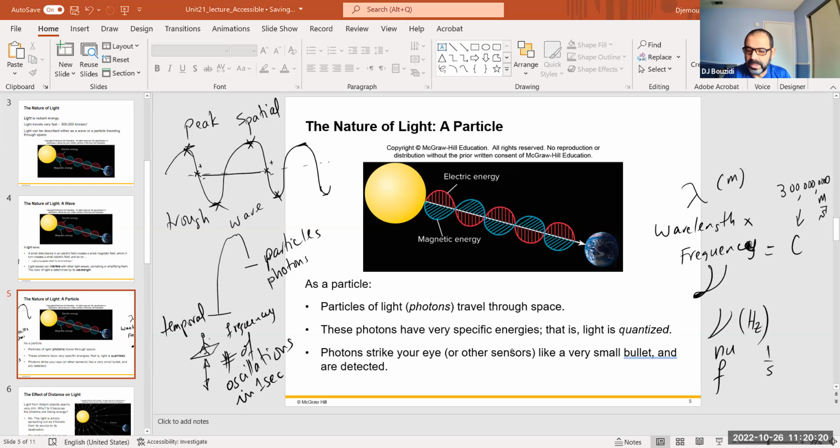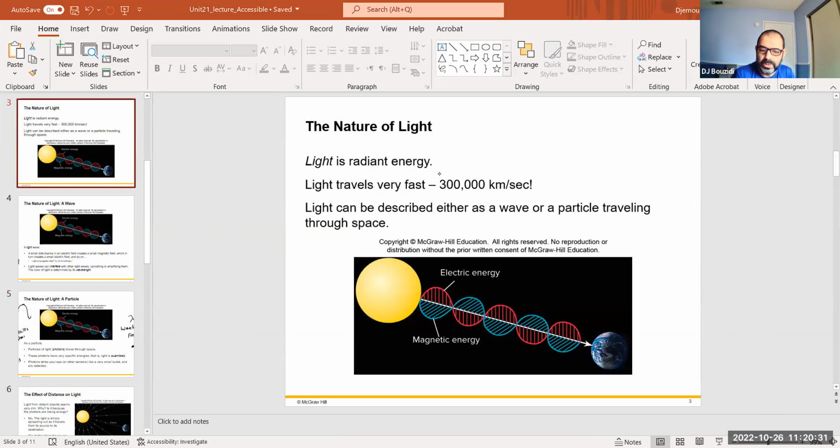I have to convert it to meters per second, and a kilometer is 1,000 meters, so it becomes 300 million meters per second. So the number that you saw earlier is in kilometers per second. The speed of light really is 300 million meters per second, or 300,000 kilometers per second, if you wish.